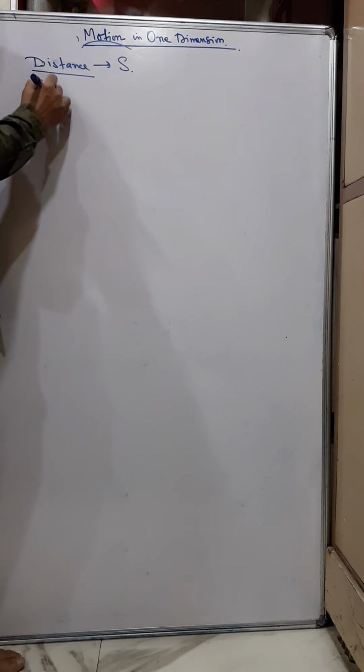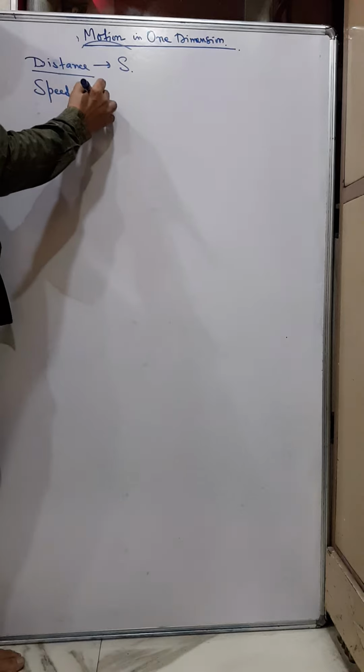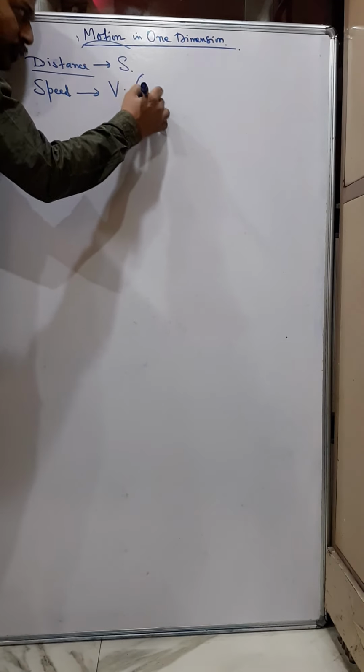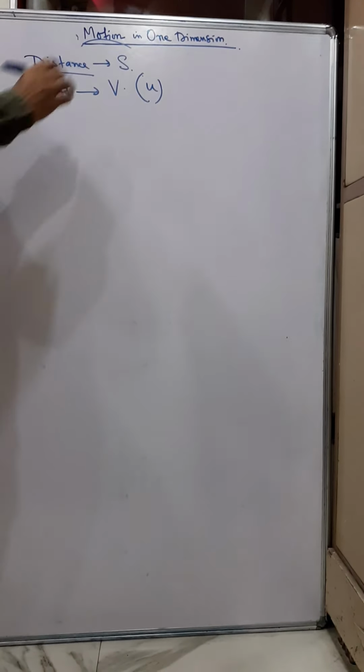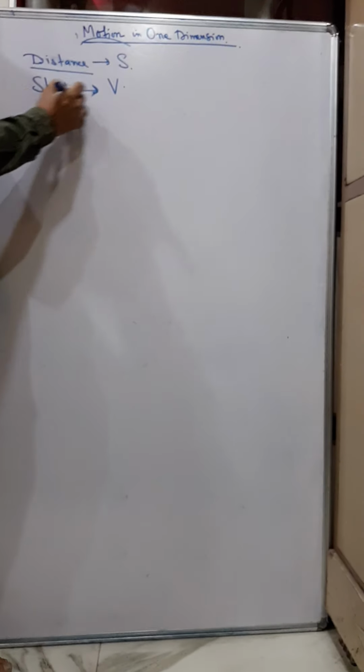Similarly, speed, we use v. Also u is initial speed and v the final speed, but generally we use v. And time is t.